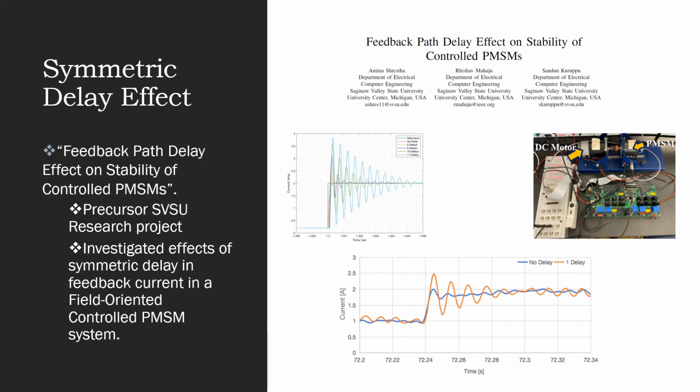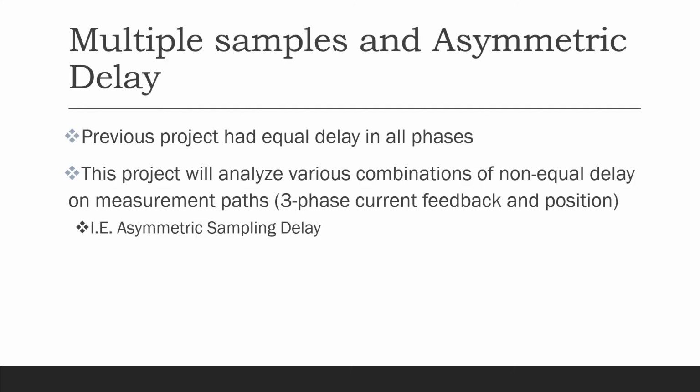So, at SDSU, we have had a precursor project that this is actually following up on. In this project, called Feedback Path Delay Effect on Stability of Controlled PMSMs, a similar effect was investigated. However, there was symmetric delay on 3 phases, as opposed to this research, which will investigate various combinations of non-equivalent delay, compared to the previous one, where the delay on the current phases was equal.